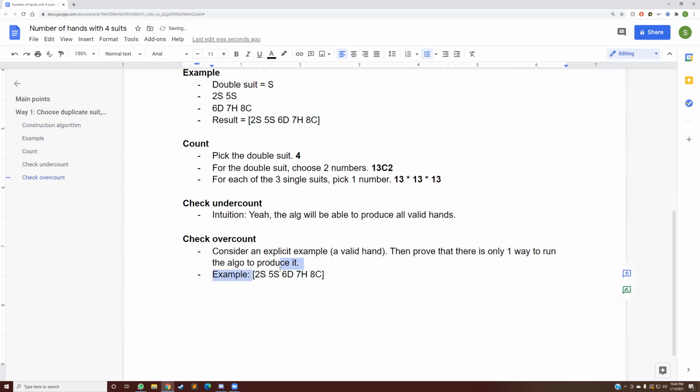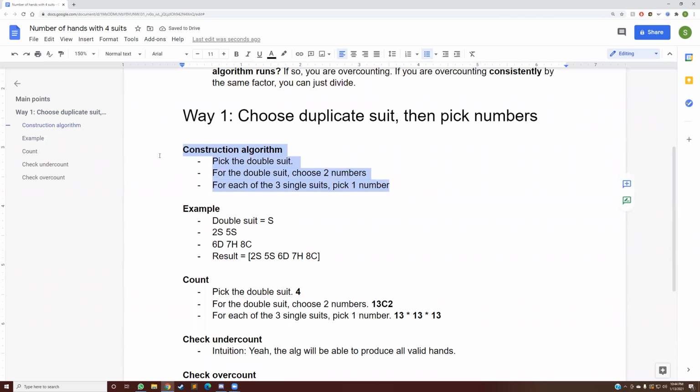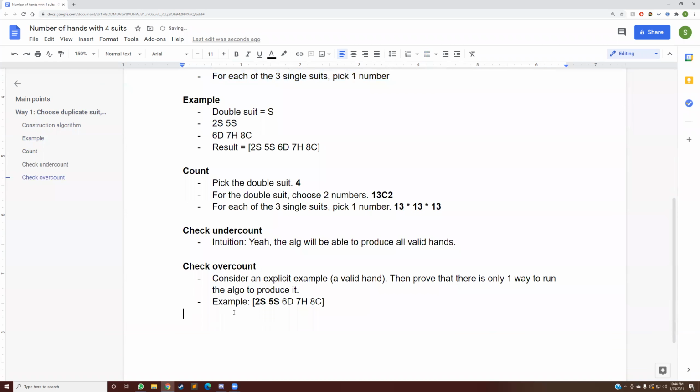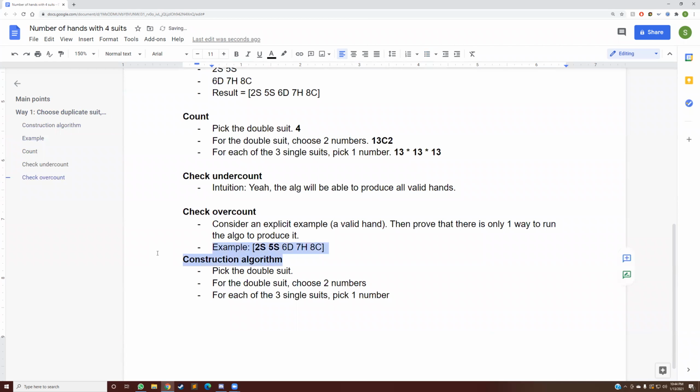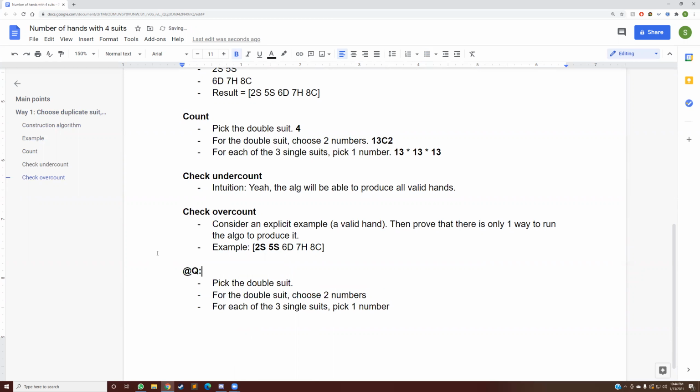Okay. We have 2 spades, 5 spades, 6 diamonds, 7 hearts, 8 clubs. Now, if I were to run this algorithm, the question for checking for overcount is, is there more than one way to run the algorithm below to produce this hand?